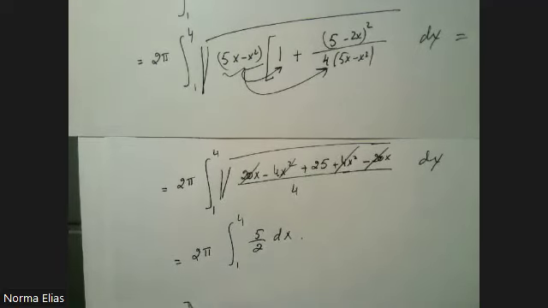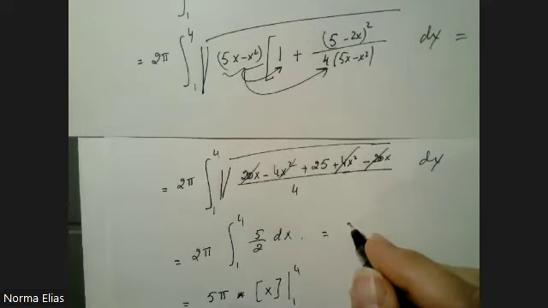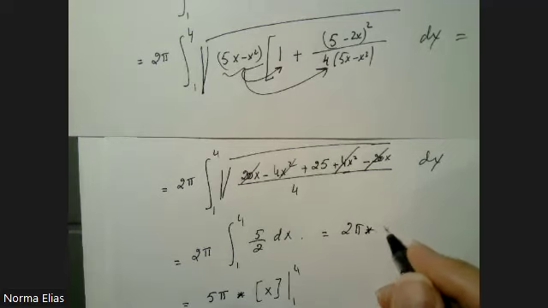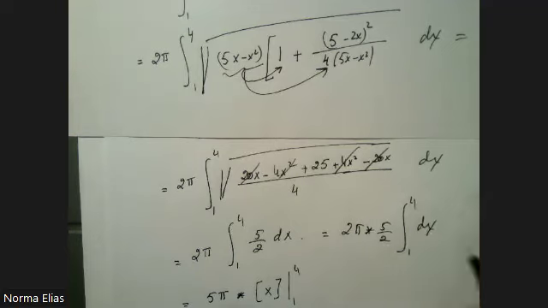So finally, this would give me 2 and 2, so 5 pi times x evaluated between 1 and 4, because I took the constant out, and what I will be left inside is the dx.